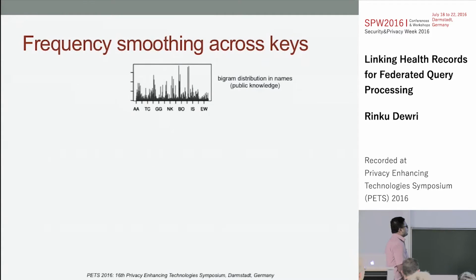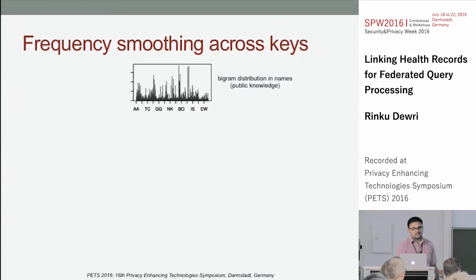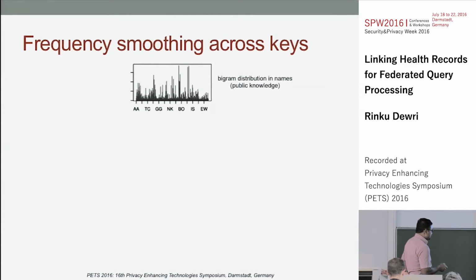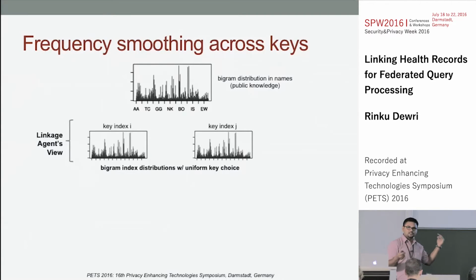Okay. Now, the problem with this method is with frequency attack. If we know that there is a certain distribution of bigrams in, let's say, names, and if we uniformly pick keys for use in that method, then each key will also display the same kind of distribution. So it's susceptible to a frequency attack in that case.